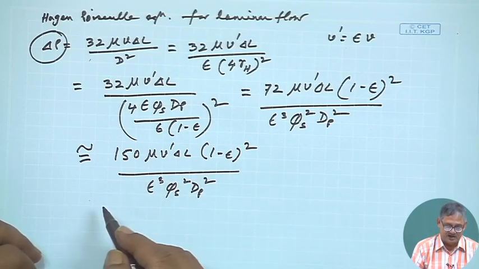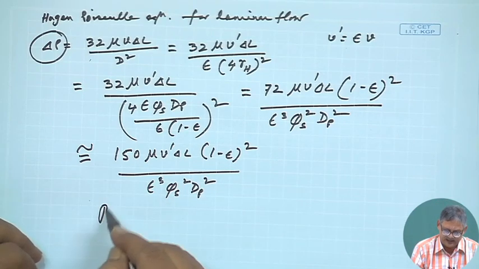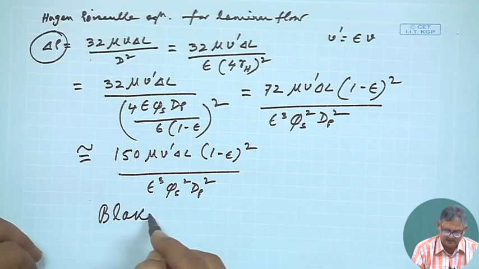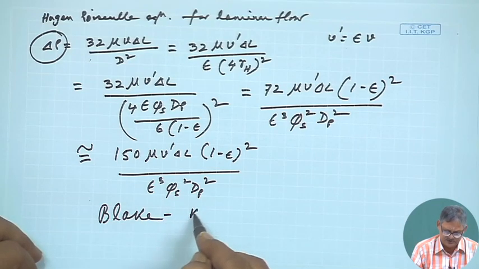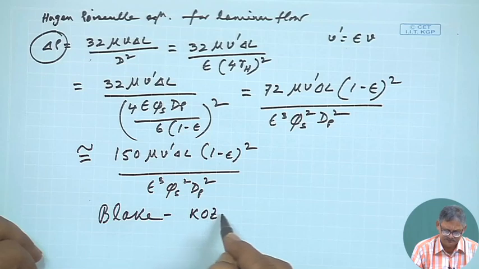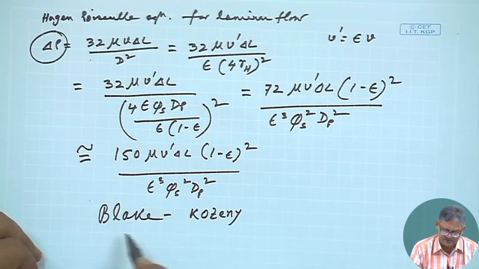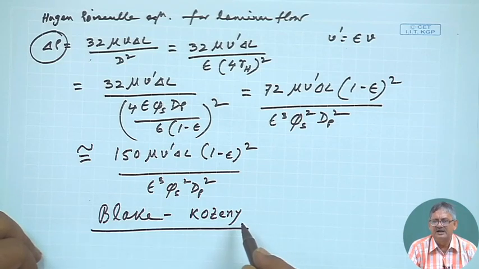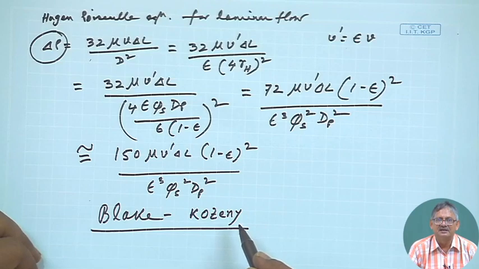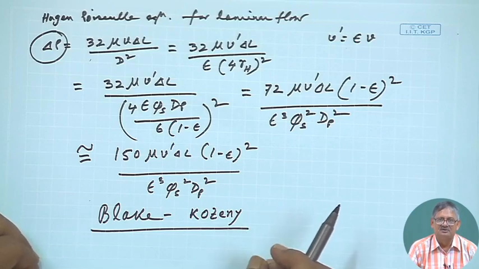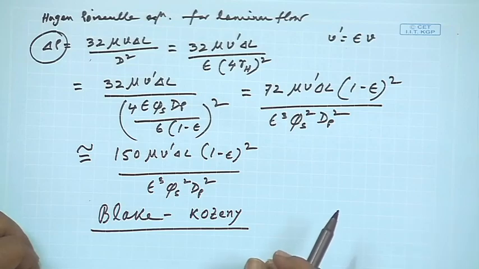This was done by Blake and Kozeny, and according to their name, this equation is known as the Blake-Kozeny equation for flow through packed bed, and this is for the laminar part.